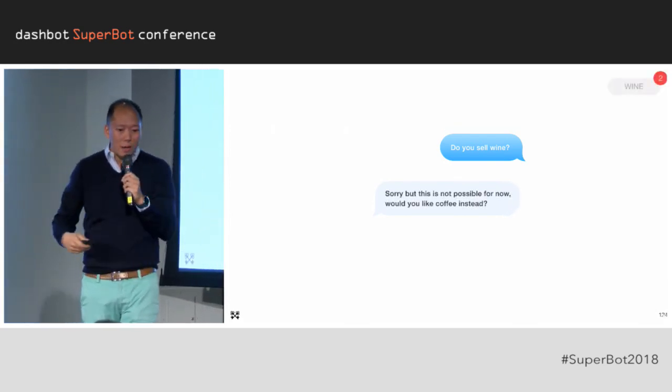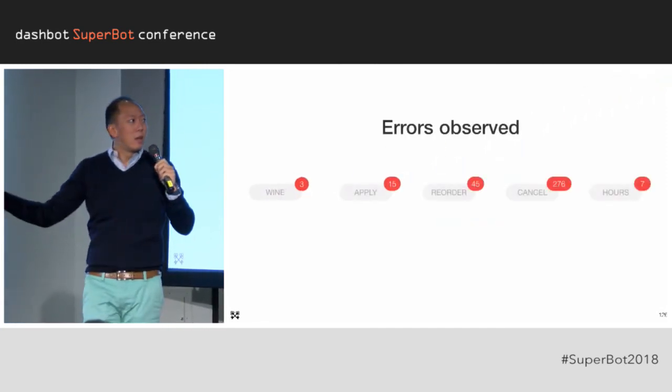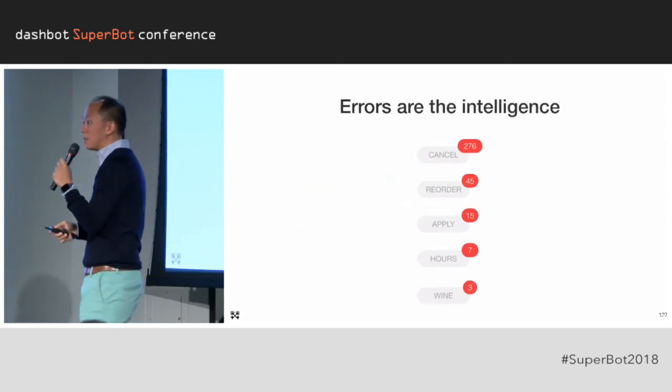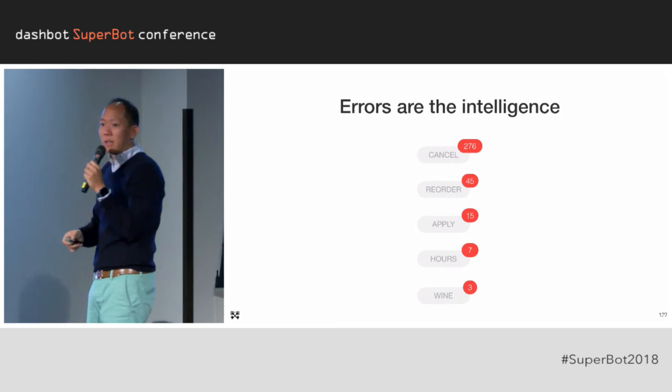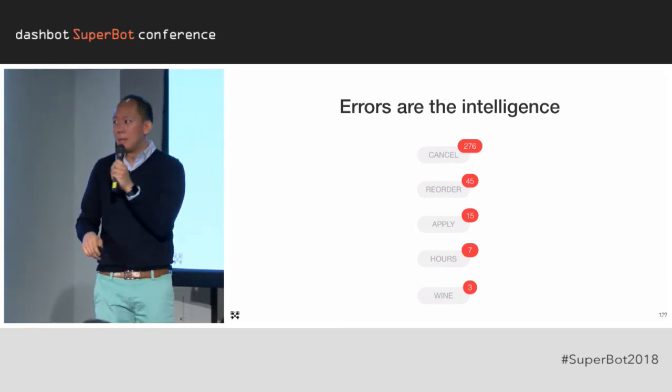And the more you ask, the more you add here. And when you get the list of errors, you can actually observe what to build next. And to us, errors are the intelligence. This is the best way to understand what your customer wants.